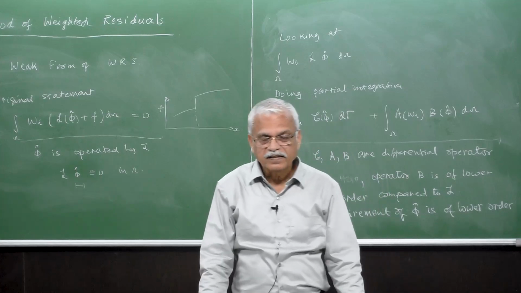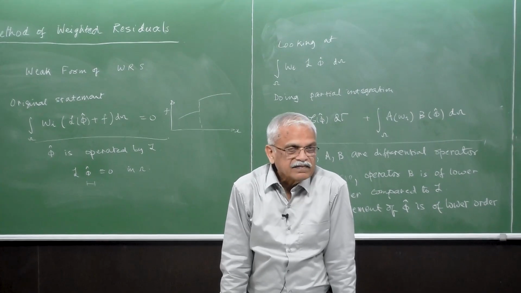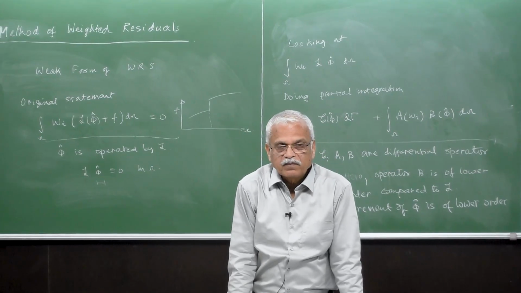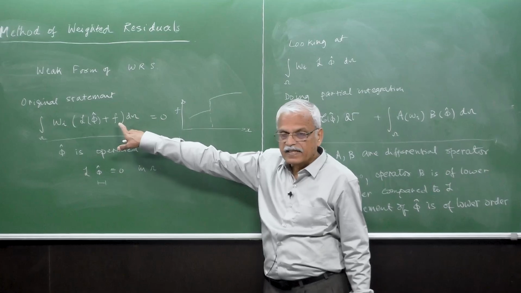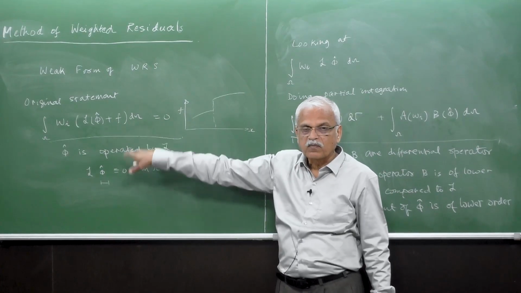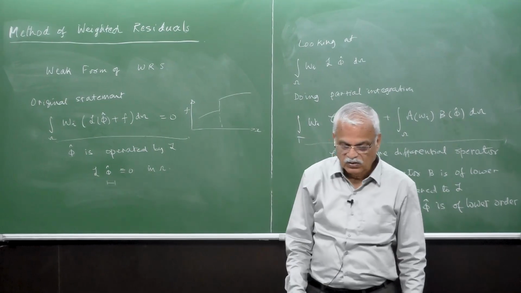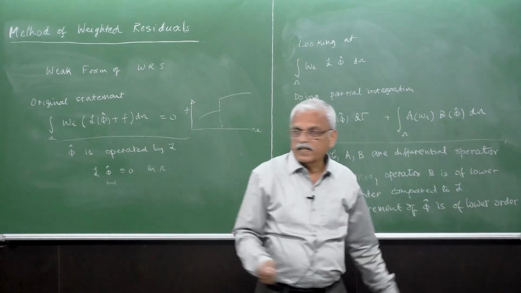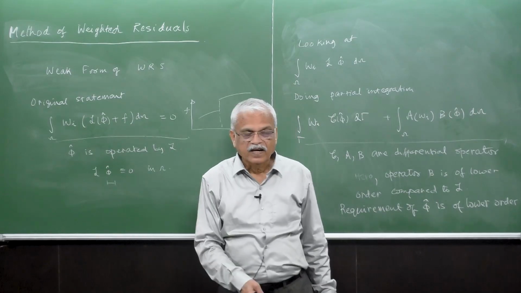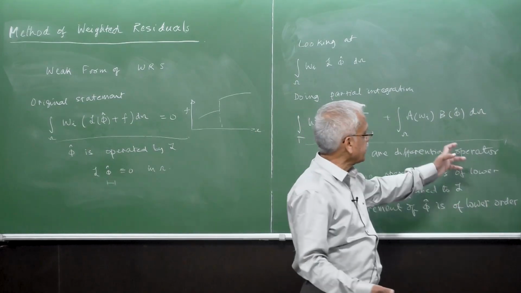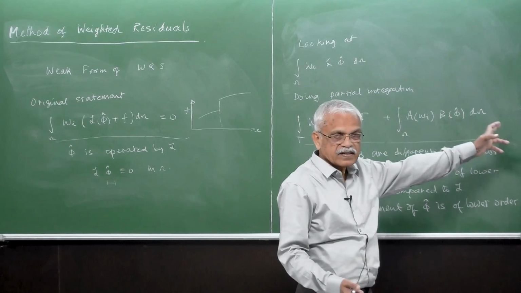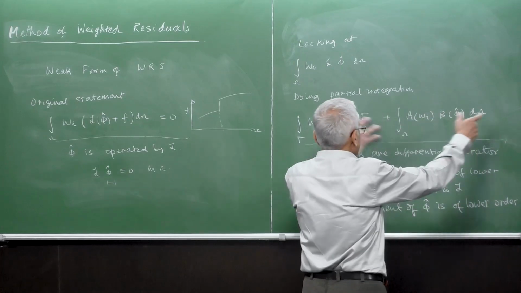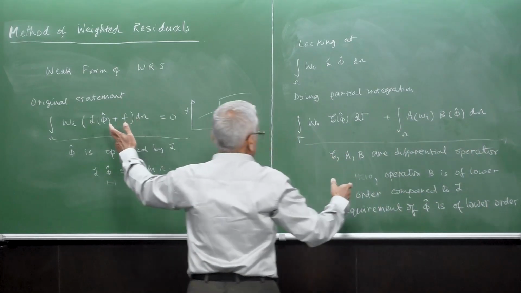Another important fact: is this another solution? No, it's not. Why? Because we are talking about linear problems in which the solution is unique. So the solution which we obtain here and the solution which we obtain here are going to be the same. The only thing is that we are looking at a much bigger class of phi hat compared to this phi hat.